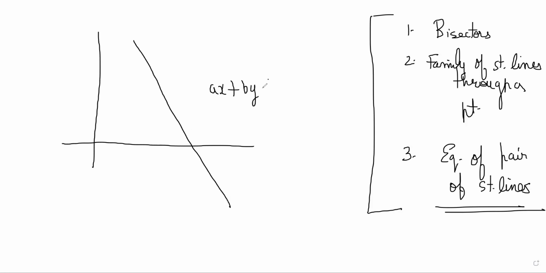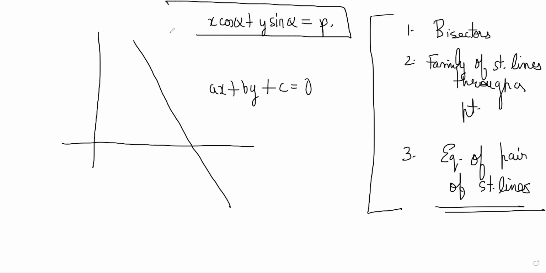We divided because we want to make it look like x cos alpha plus y sin alpha is equal to p. This form we had seen earlier, in the intercept form, where p was the length from the origin. So why are we dividing?